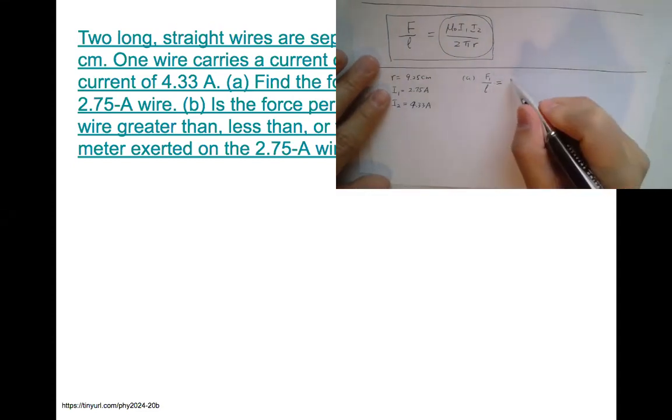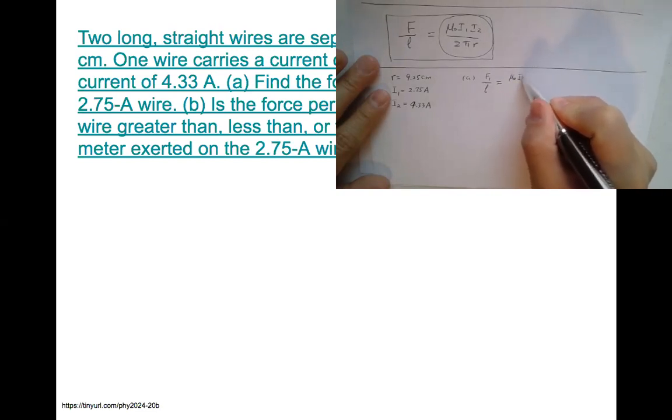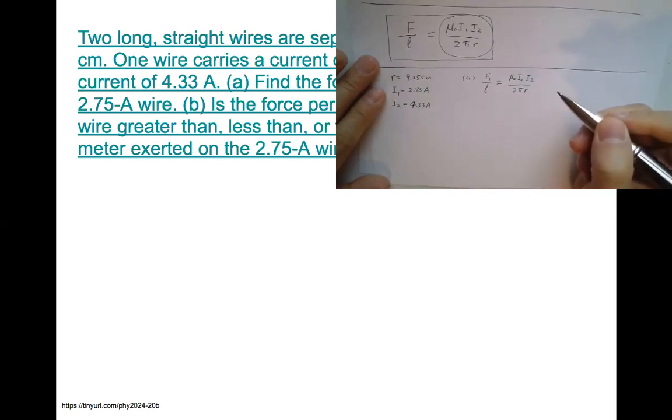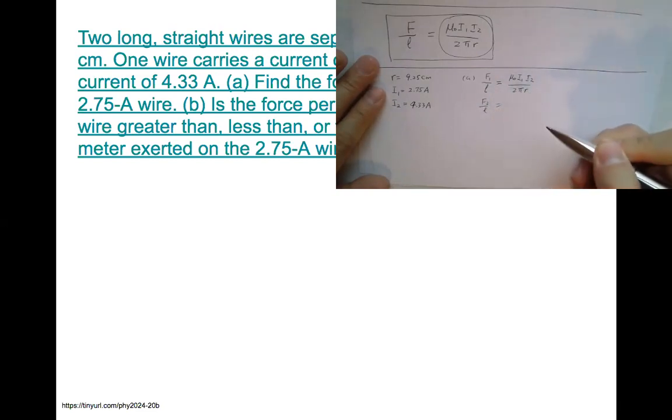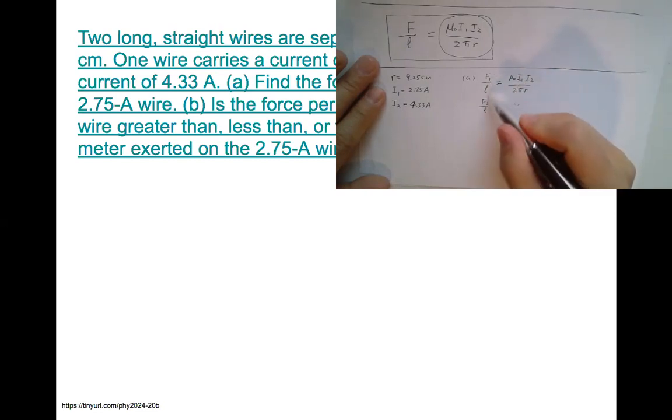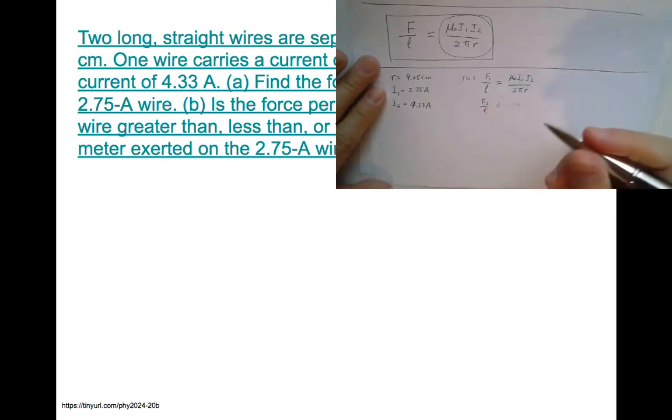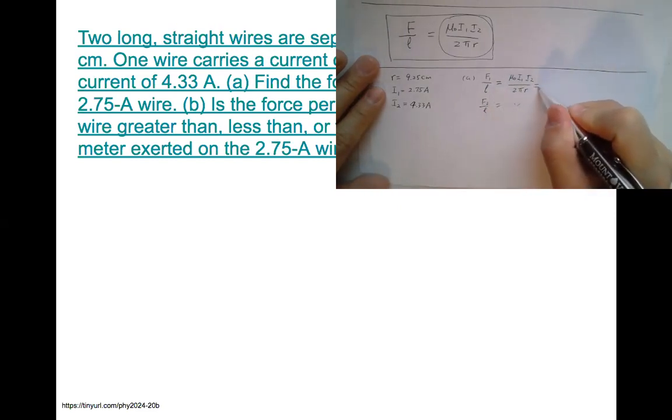F1 over L is going to be equal to mu naught I1 I2 divided by 2 pi R. And F2 divided by L is also going to be equal to that, the same thing, because they are an action and reaction pair. They have the same magnitude but opposite direction. So we are going to just plug in the numbers, because we know I1, I2, and R, and the rest are constants.